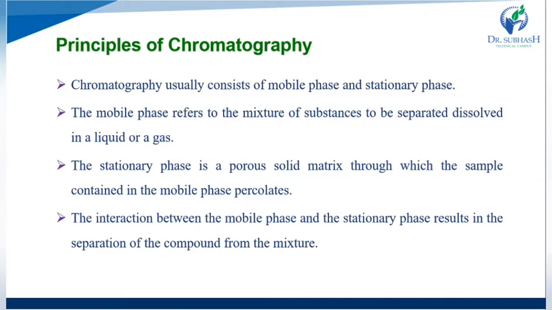The stationary phase is a porous solid matrix through which the sample contained in the mobile phase percolates. The interaction between the mobile phase and the stationary phase results in the separation of the compounds from the mixture.